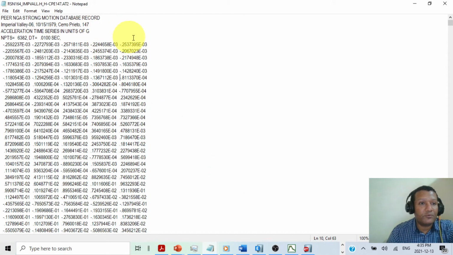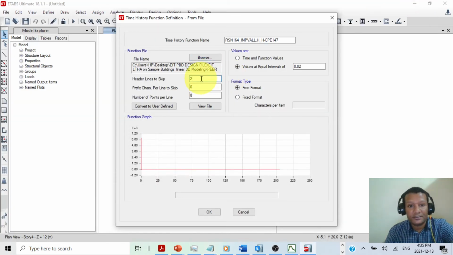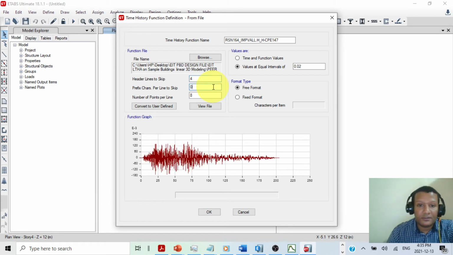This 164 is the file I brought, 1 2 3 4, so we have to skip 4 lines. As soon as I put 4, almost the data comes. So prefix, we don't have any prefix, some have prefix.